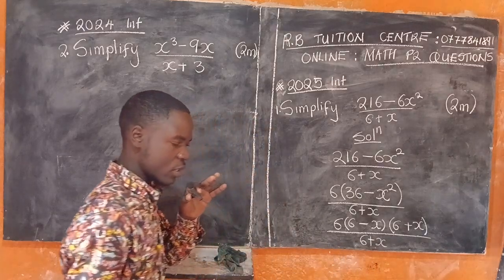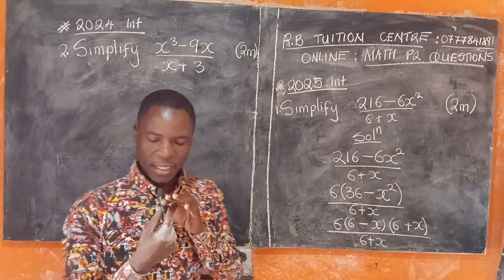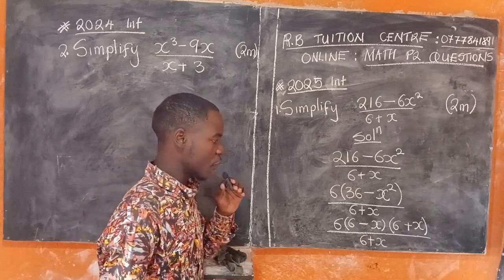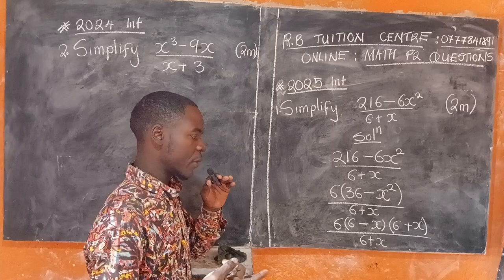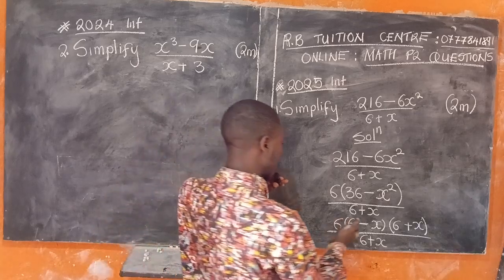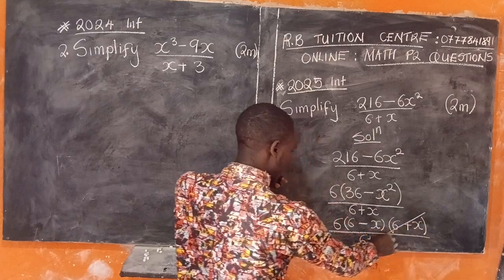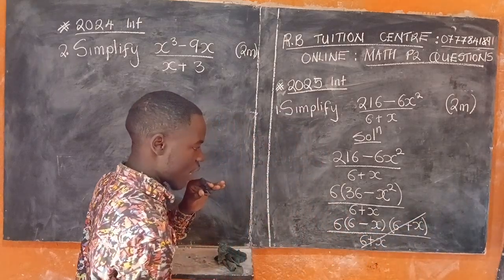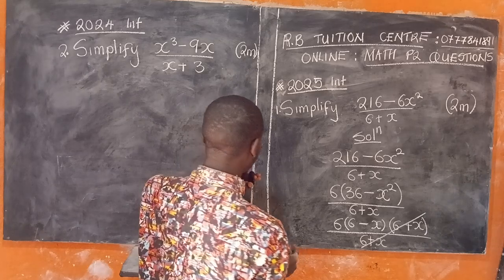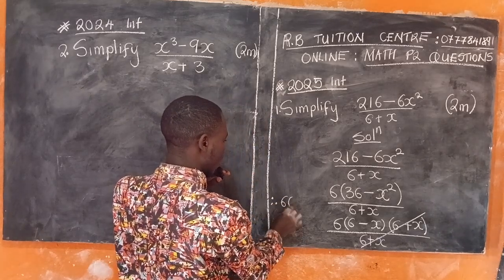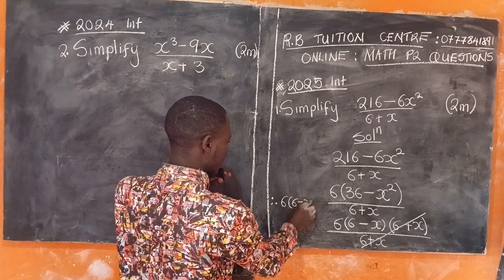That is the difference of 2 squares. Then we cancel whatever appears to be the same on the numerator and on the denominator. So we conclude that the answer is 6 open bracket 6 minus x.